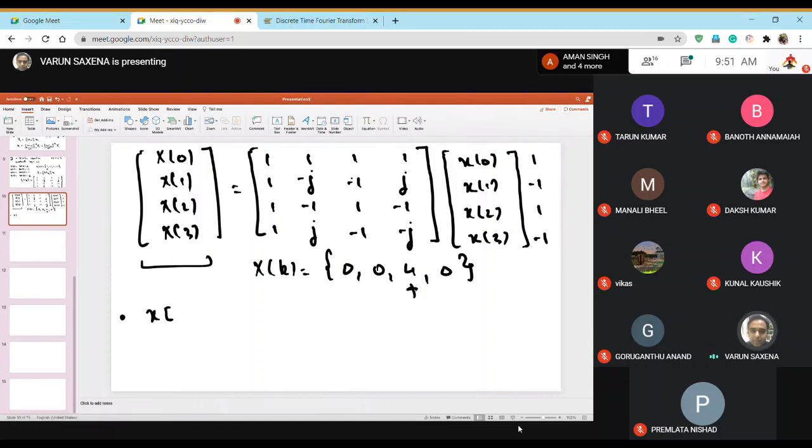So the next would be 8, so it will be an 8 cross 8 matrix. That will be difficult to write because you'll get a lot of complex terms. Here you're getting only real and imaginary terms in the matrix. But if you have, say, W8, then this would have complex numbers in the middle, and that will be kind of difficult to remember and to evaluate.